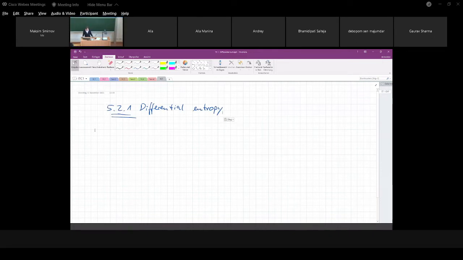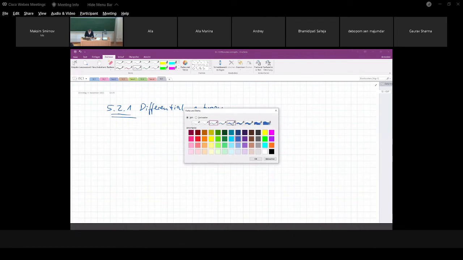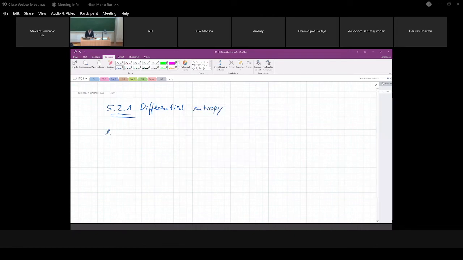So differential entropy. Let's consider a random variable with probability density function fx of x.